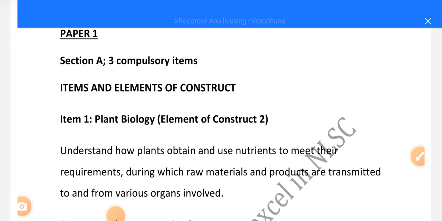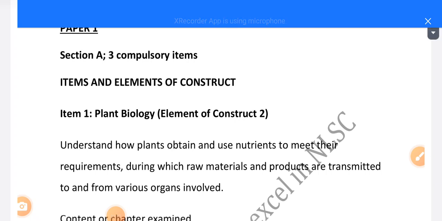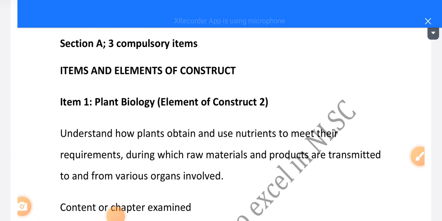Section B. But when you look at section A, paper 1, section A has got 3 compulsory items. Section A has got 3 compulsory items. So in this session of ours, we are going to look at these 3 compulsory items in paper what?